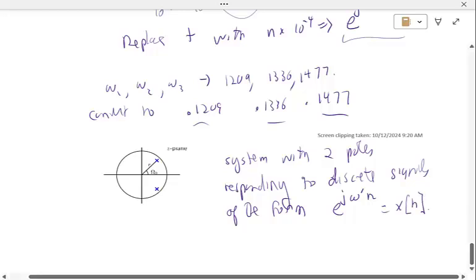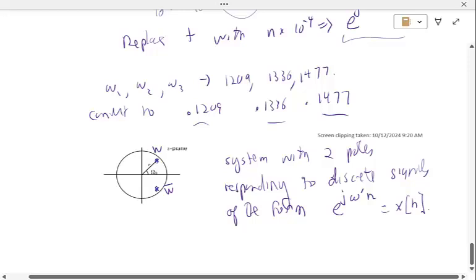Okay. Now suppose these two poles, if this one is w, then this would be w conjugate, right?